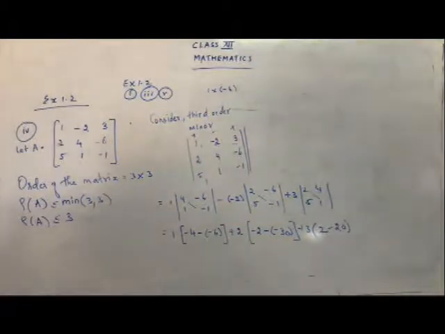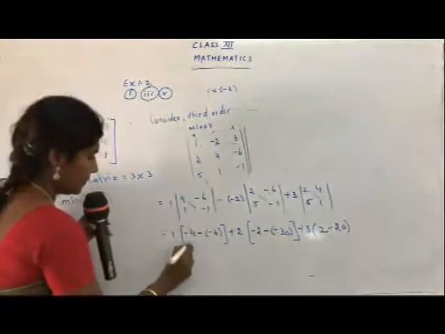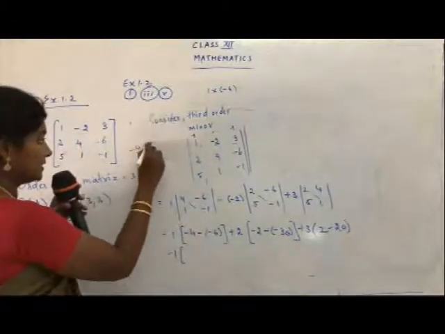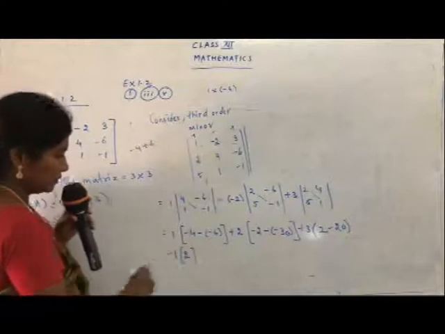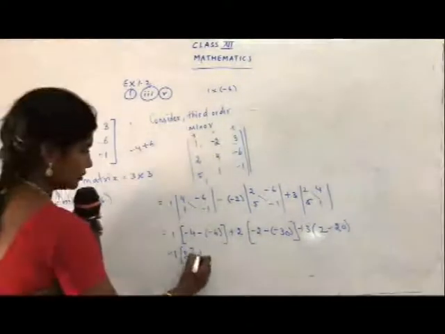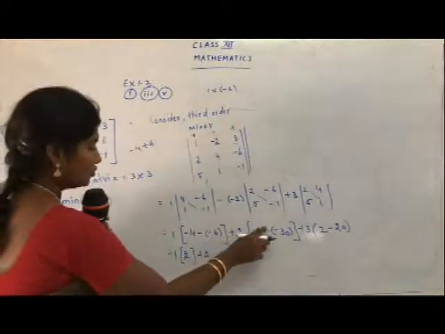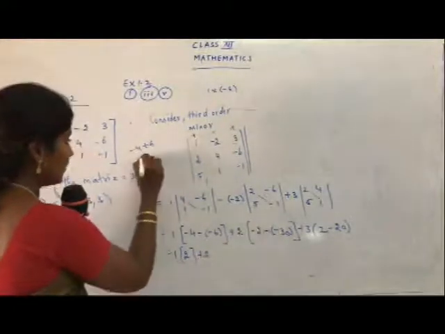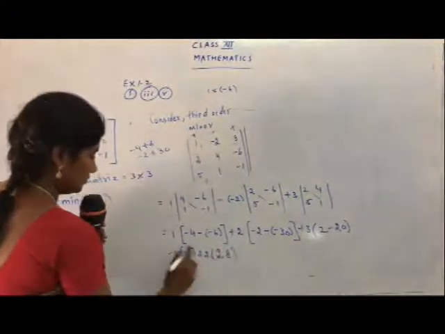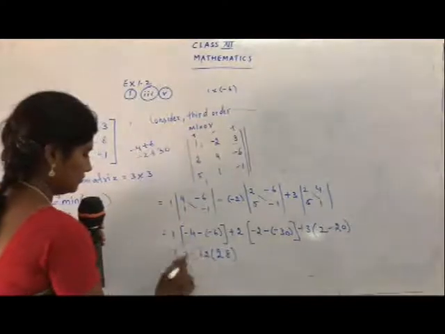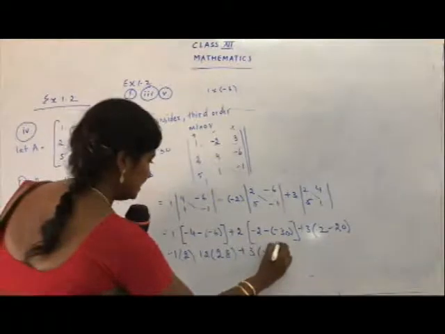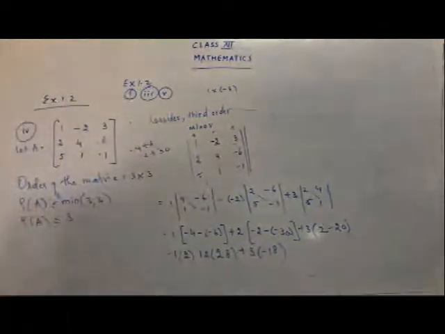So this is 1, minus 4 plus 6, which is 2. Then 2 plus 2. Minus 2 plus 30: minus minus plus, so minus 2 plus 30 is 28. Last, plus 3 minus 18.